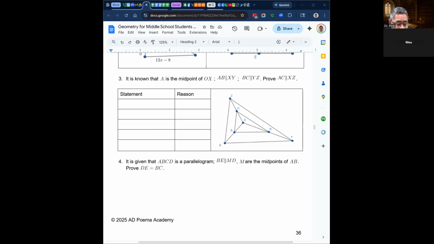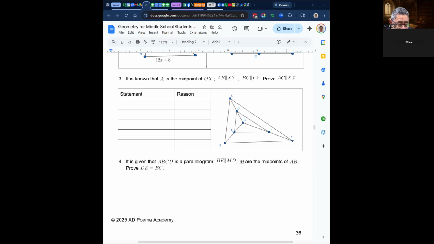And 4-6-4 is that the segment joining the middle points of two sides of a triangle is parallel to the third side and is half the length. So we learned on here that if we have a middle point, then we draw a parallel line, it goes through the other middle point.